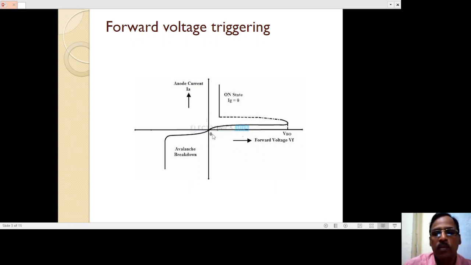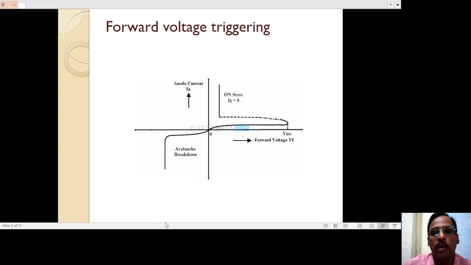So initially, see, there is some leakage current. We have three junctions, J1, J2, J3. When your SCR is in forward bias condition, we have junction J1 forward bias condition, junction J3 forward bias condition, and junction J2 in reverse bias condition.